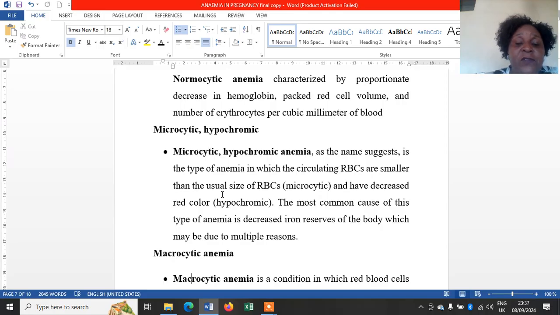Now if a mother has less iron in the body, it means we shall have fewer receptors for oxygen, and therefore our blood cells will look light, hypochromic. And because they will look light, they may also not grow to the expected size. That is why we call them microcytic.